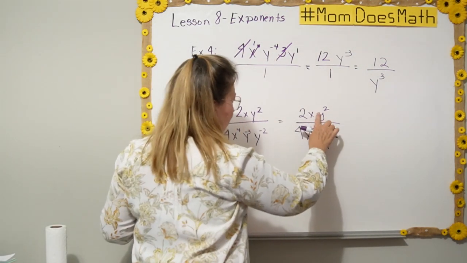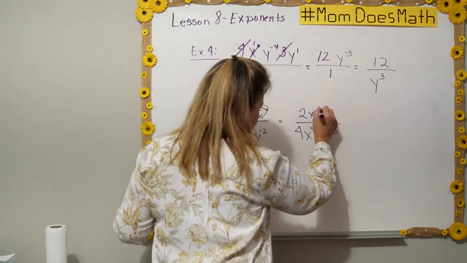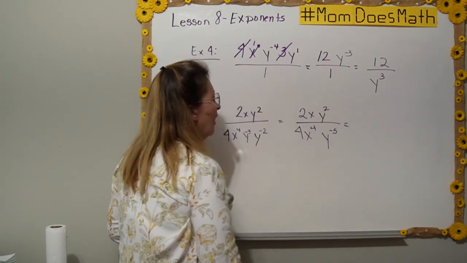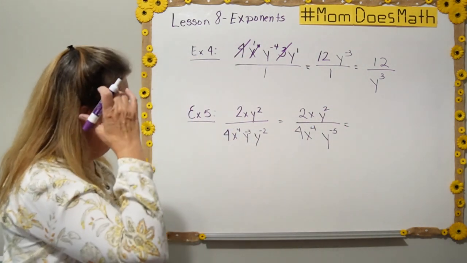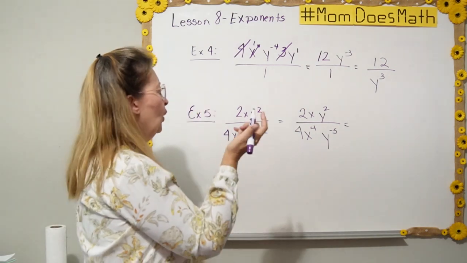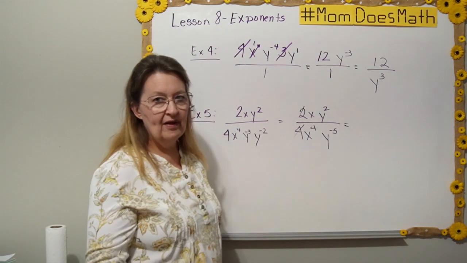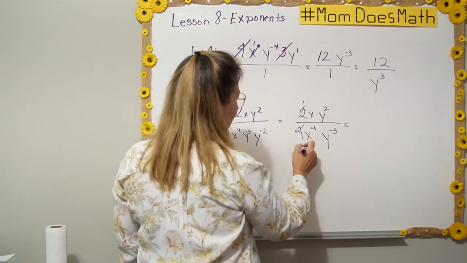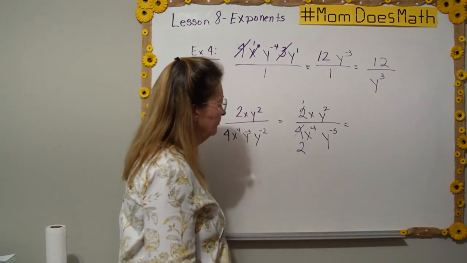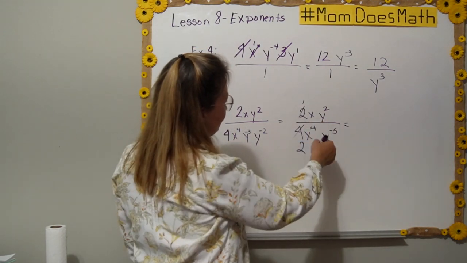All right, so now let's see what all we can simplify. What's 2 over 4? What goes into both of those? 2 does. So you got 1 left up here and 2 on the bottom. All right, let's look at your x's.